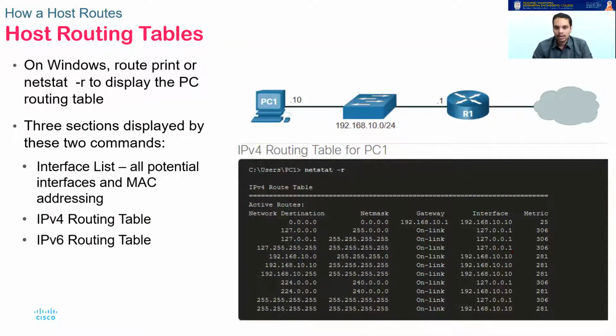Now, these are the host routing tables. So how do you know what the host routing tables are? When you type in the command route print or netstat -r on the PC, you find three things. You find the interface list, the IPv4 routing table, and the IPv6 routing table. I will show you on my PC. Give me a second.